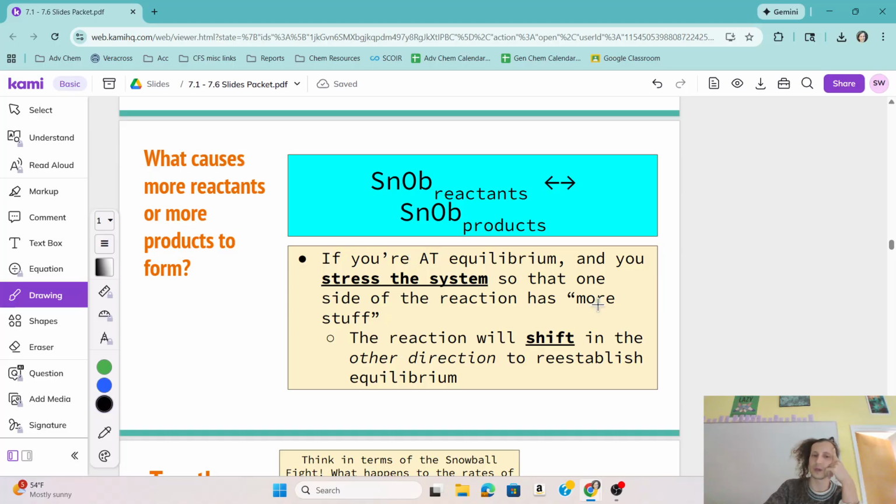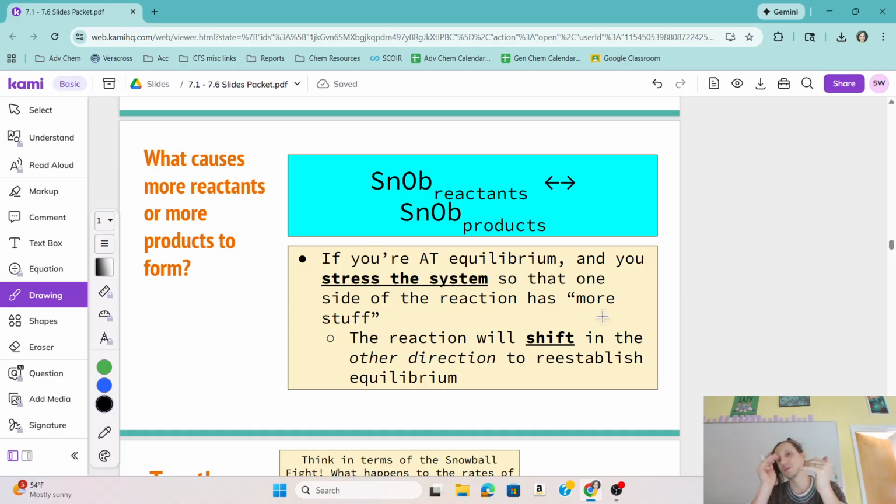The other thing we can talk about is when you've already reached equilibrium, but then you stress the system in some way. So you give one side of the reaction more material, more of a certain compound. Then the position is out of whack and it wants to re-equilibrate.